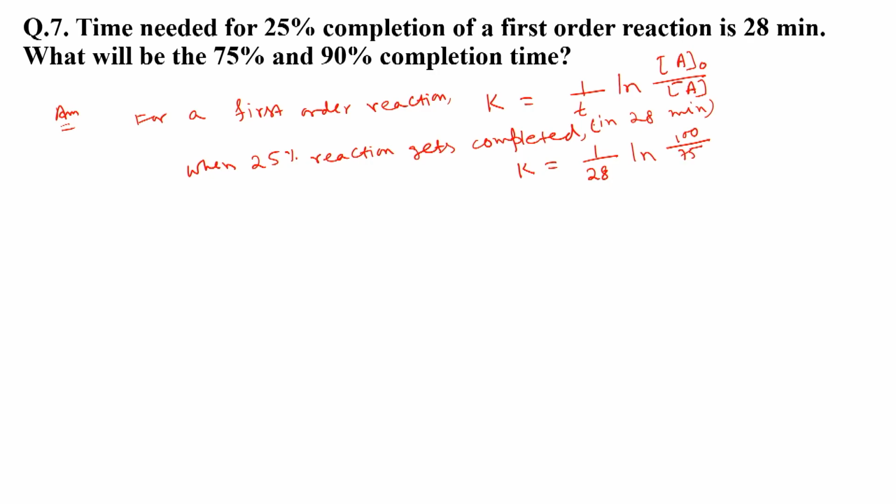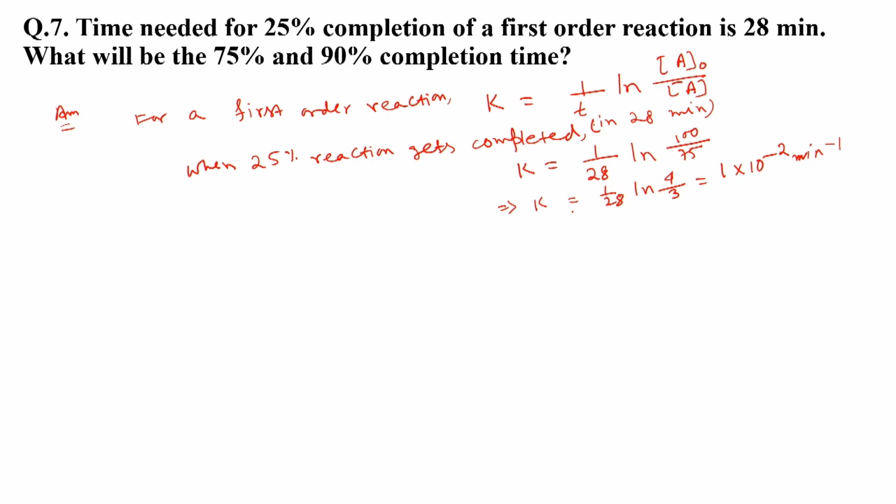So we get k is 1 by 28 ln 4 by 3. If we calculate this, we get the value of the rate constant as 1 times 10 to the minus 2 minute inverse. So this is the value of k.